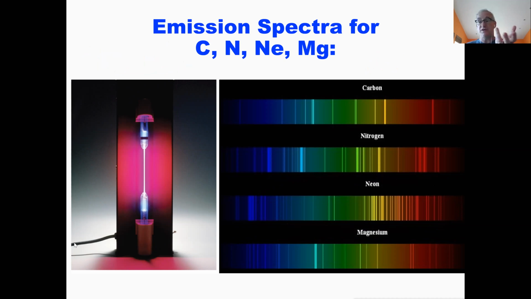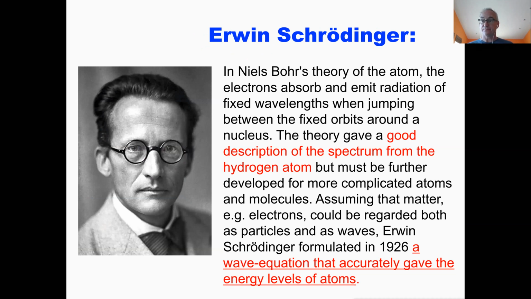In fact, he used Newton's equations to figure out the energy differences, and that all worked beautifully. But at the time, in the late teens and early 20s, there was a revolution in science, and in a lot of different things. And one of the revolutions that came along was, what if these things weren't particles? What if they were waves?